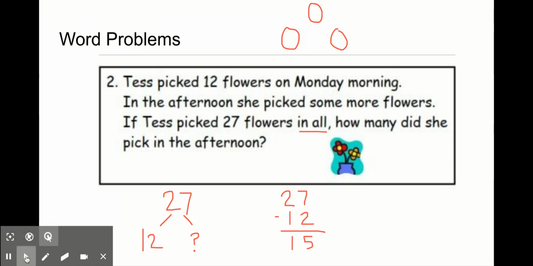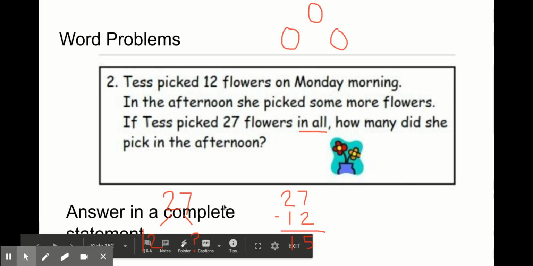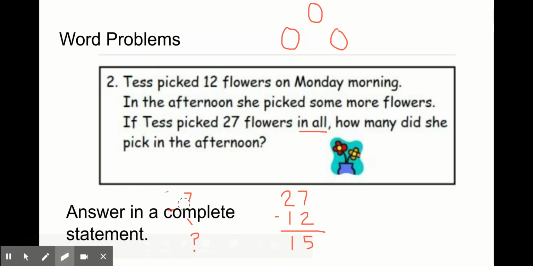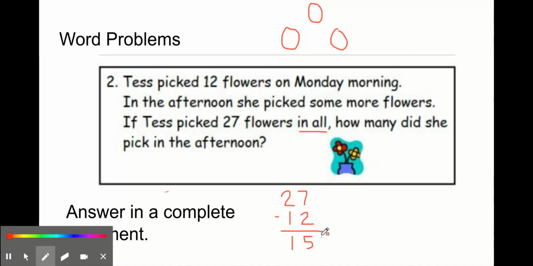But second graders, I'm not done, because we know that we need to always answer in a complete sentence. So how many flowers did Tess pick in the afternoon?